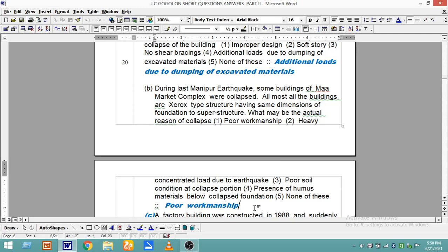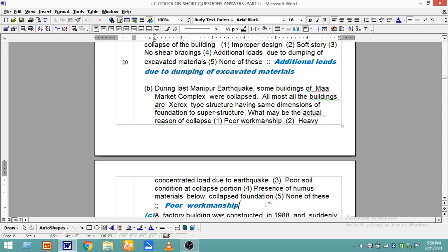Maybe there are a lot of workmanship criteria there: curing, and the time allowed for construction. There shall be some time required for setting, removal of shuttering, and a lot of other factors.